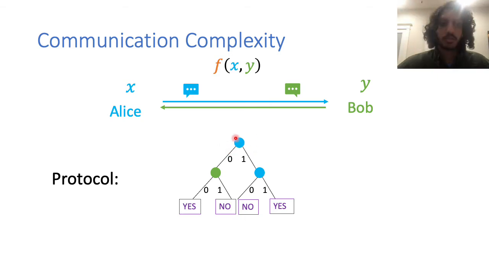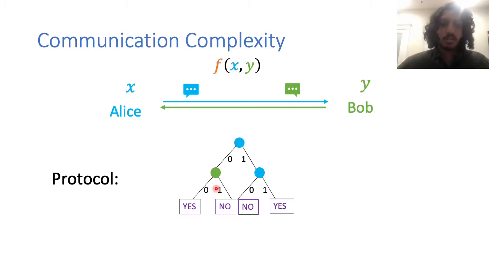You start at the root, and based on Alice's input, she'll either say 0 or 1. Then based on that message, the next speaker goes, and let's say the next speaker is Bob. Based on Alice's prior message and Bob's input, he'll either say 0 or 1, and they keep going like this until they reach the leaves of the tree, which are labeled by yes and no. This is a protocol for f if this procedure correctly computes f on all inputs.